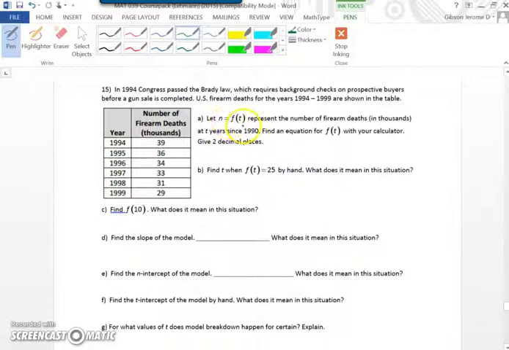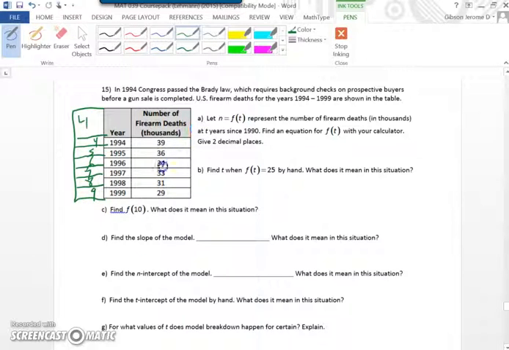It says let N equals F of T represent the number of firearm deaths in thousands at T years since 1990. So we have to do that chart again, and this time it's since 1990. So your first value would be 4, second value 5, third value 6, then 7, 8, and 9.